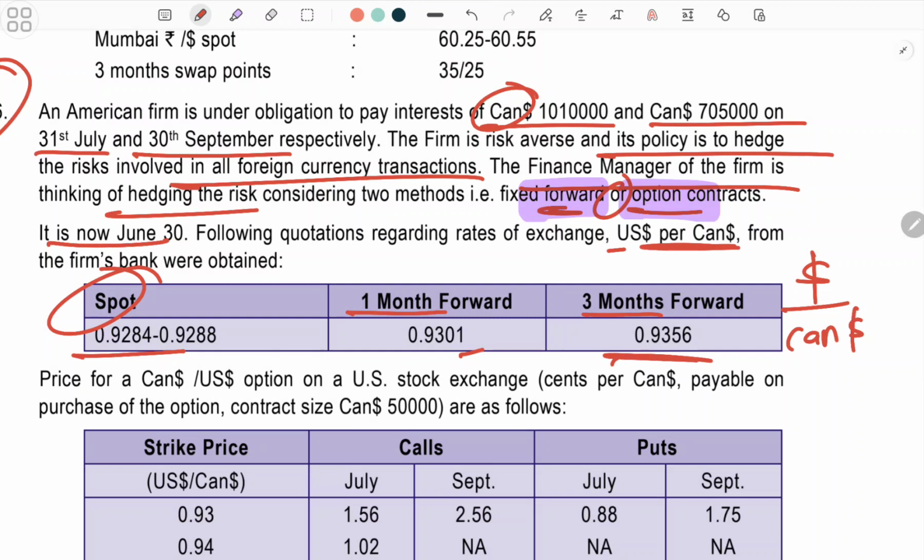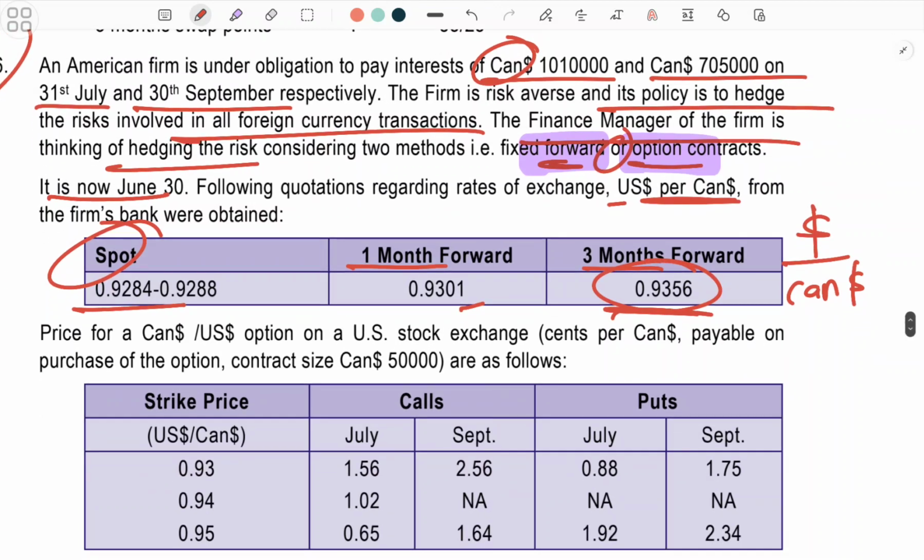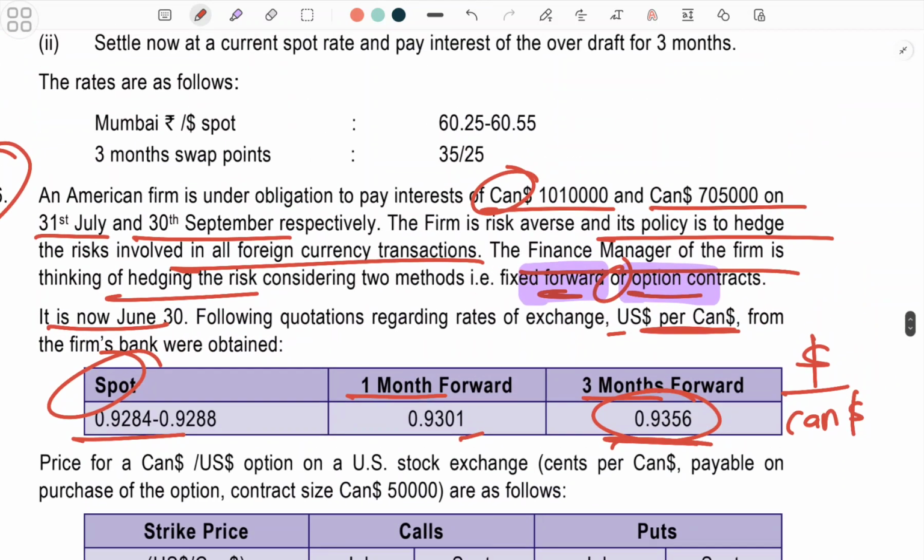Even logically, 1 Canadian dollar is equal to 0.9356, because Canadian dollar is a weaker currency when compared to the American dollar.